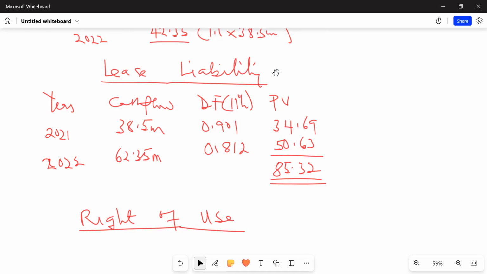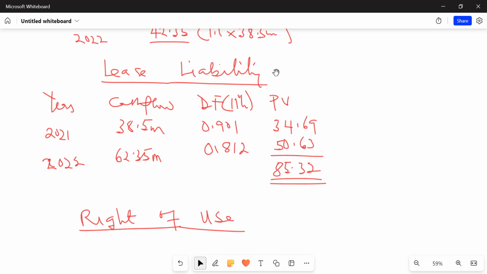So all things being equal, we can say that they have sold the asset to us on credit, and the value is 85.32. So the value of the asset is 85.32 as of today. The assumption is that we have bought the asset from them on credit. Okay, you are owing me 85 million. Why will you be owing me? It means that you have taken something from me. So the cost of what you have taken from me might be the same as the amount that you are currently owing me.